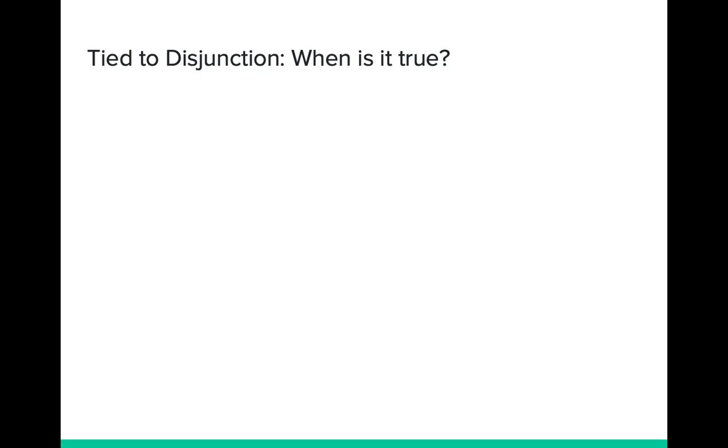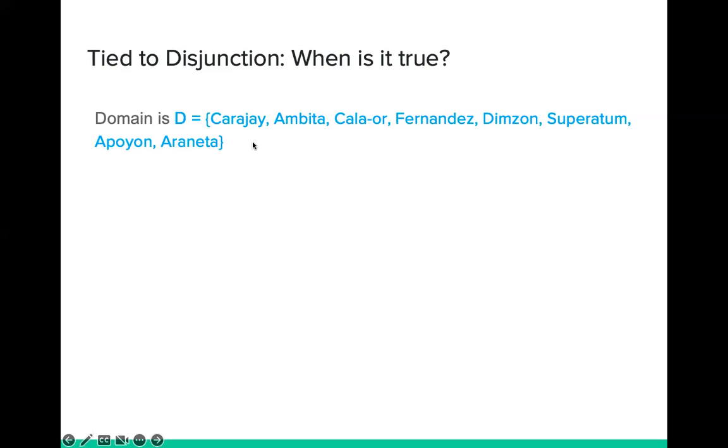The quantifier statement is tied to disjunction. If you remember, a disjunction will only evaluate to false if all of the statements connected by an OR are false. So it will be true if at least one true statement exists.